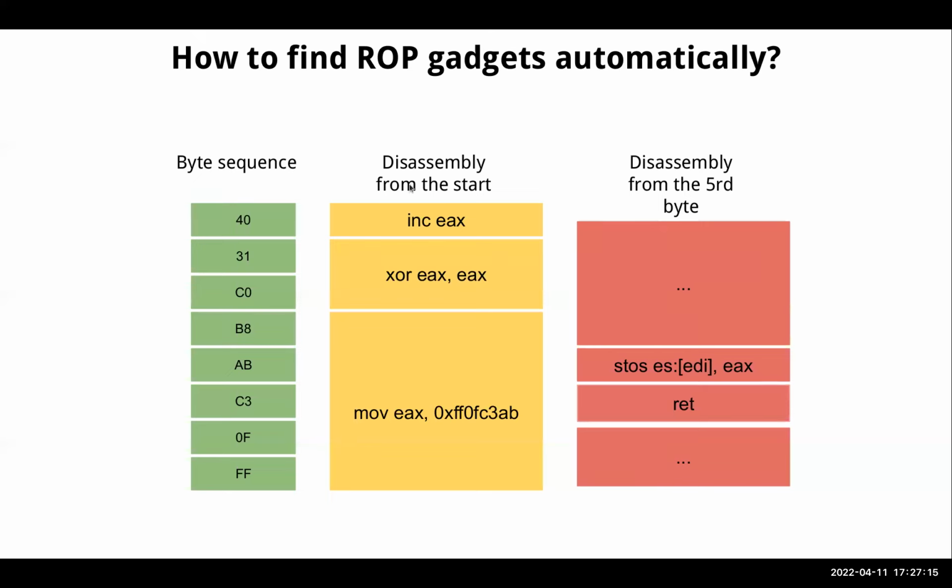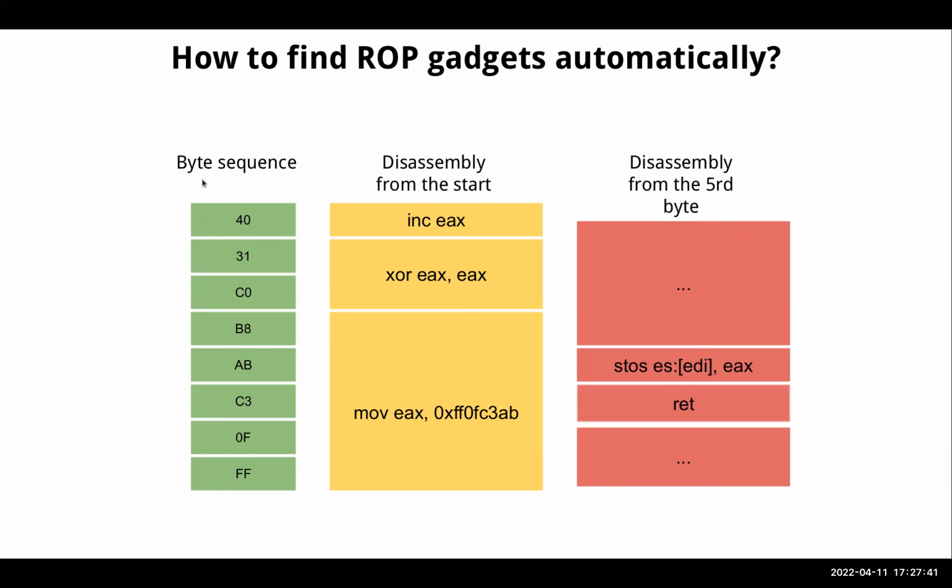On the left-hand side, we have the byte sequence. It could just be the garbage we collected, or it could be some data in memory. On the right-hand side, we can disassemble this byte sequence.